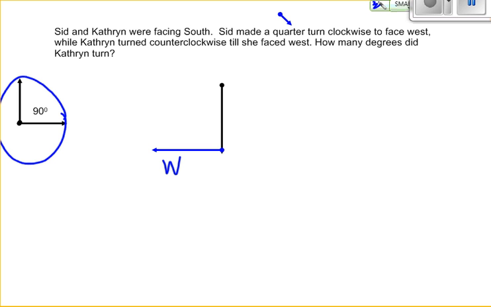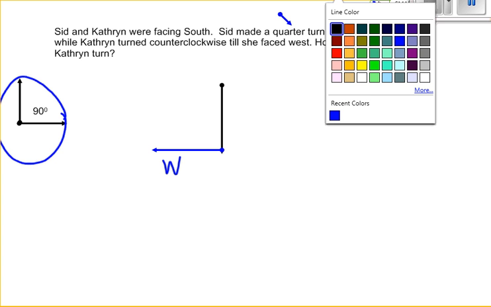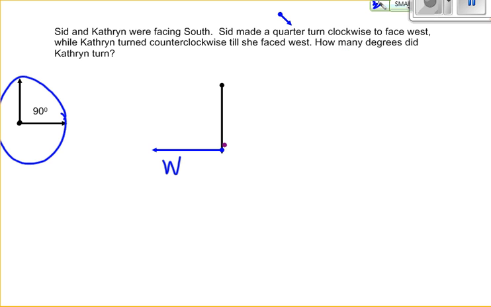Catherine goes south, but she's going to go counterclockwise. We'll make her purple. She's going to go counterclockwise until she faces left. So first she turns this way, then this way, and then this way. Now she's finally facing west also.